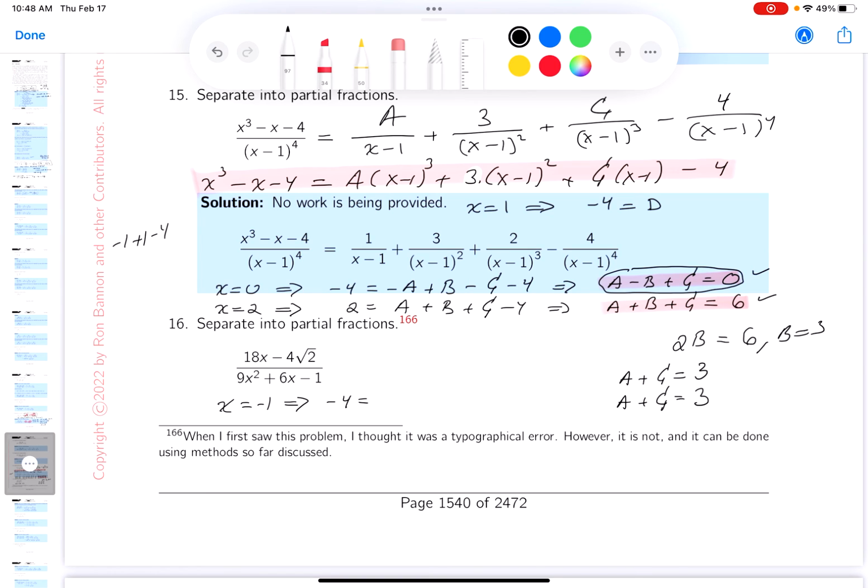Well, let's see. I don't know what A is. X is minus 1, so minus 1 minus 1 is minus 2, so minus 8A. Oh, we've got to do the next one. Minus 1 minus 1 is minus 2. Squared is 4. That would be 12. The next one is going to be minus 2C, minus 4.